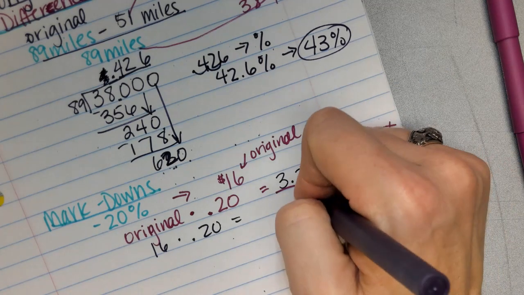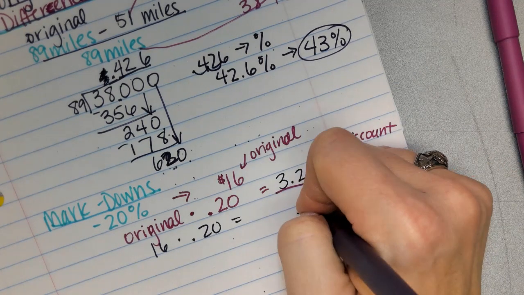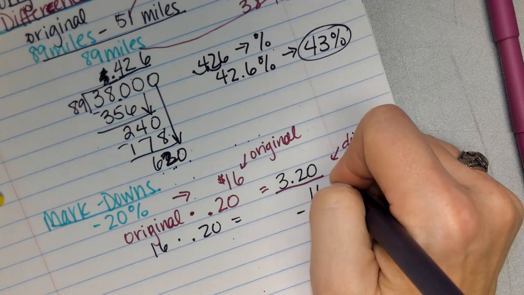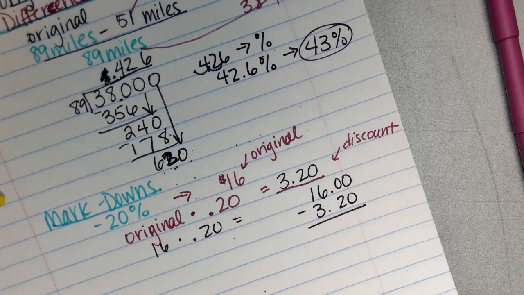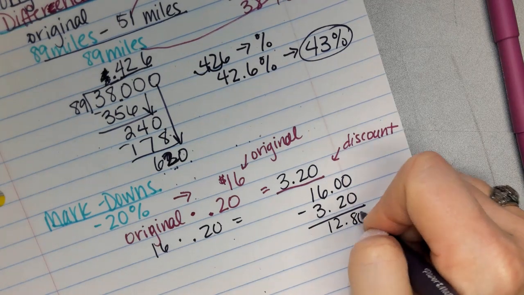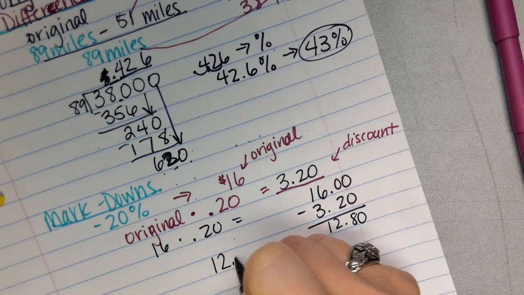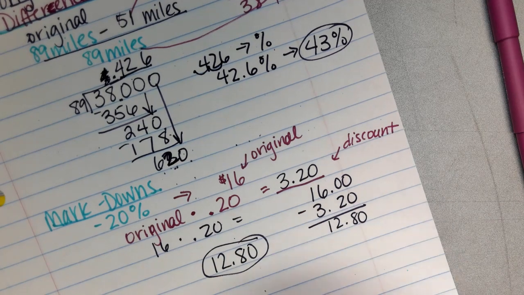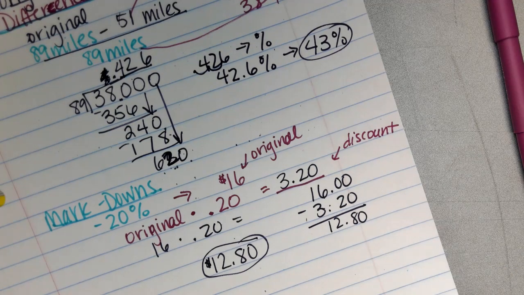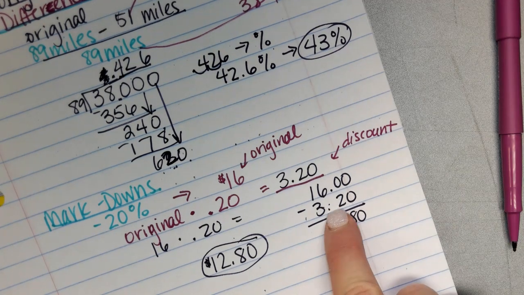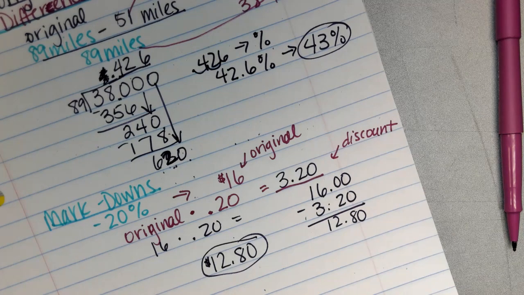So now it's just a simple subtraction. $16 minus $3.20. Okay? And when you do that, you get $12.80. $12.80 is your new price. Think about it. This would not be $3.20. You couldn't stop there. That's just the discount that you take off of the original price.